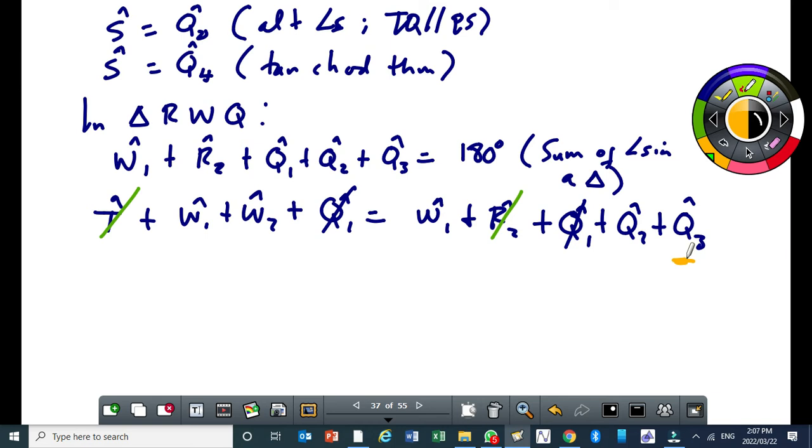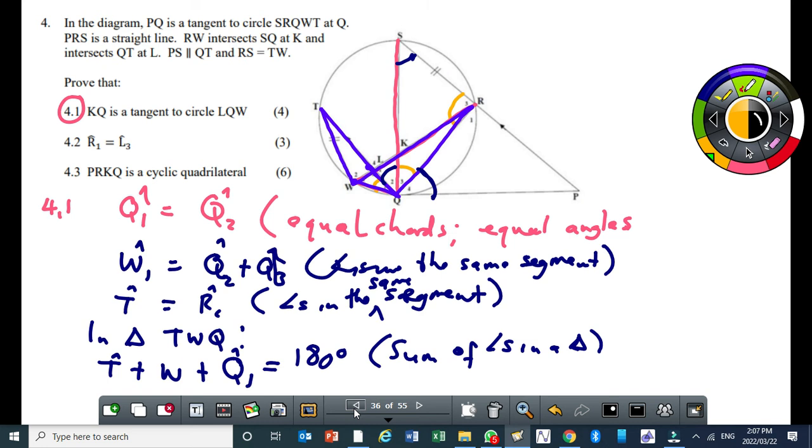It means I can replace it. So I've got W1 here. Okay, let's see. So why are they equal?